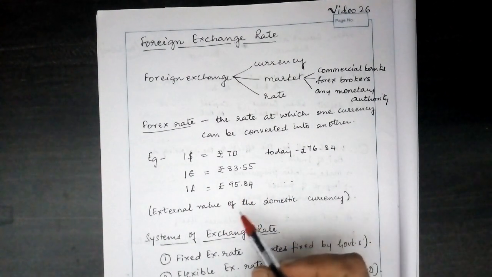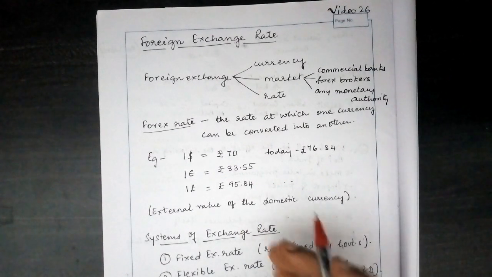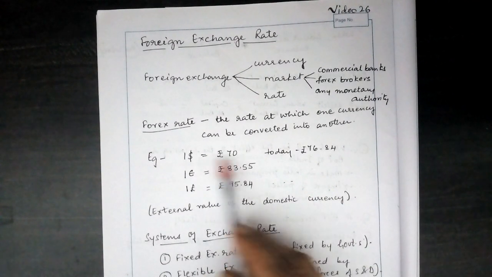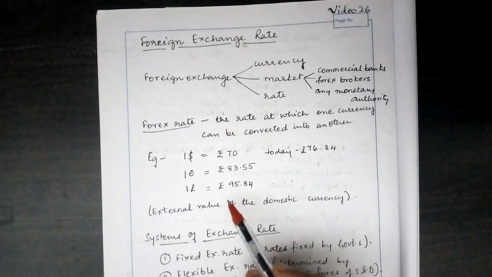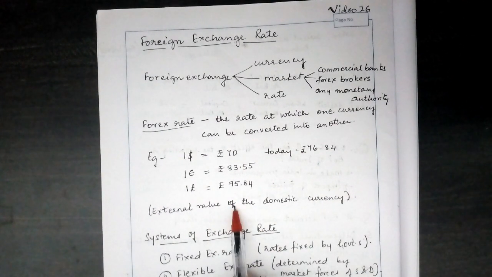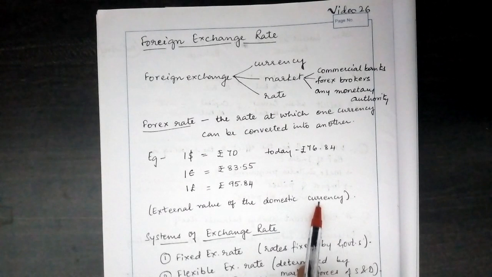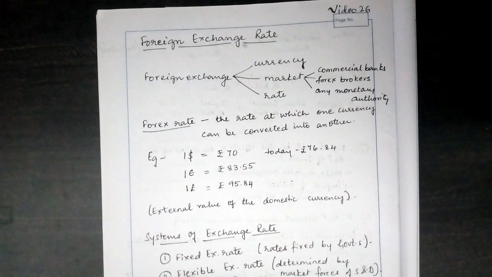Therefore, the exchange rate expresses the ratio of exchange between the currencies of two countries. It is also called the external value of the domestic currency. Now there are two systems of exchange rate, broadly speaking.